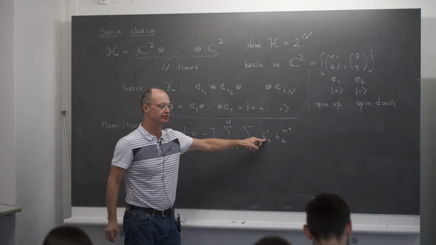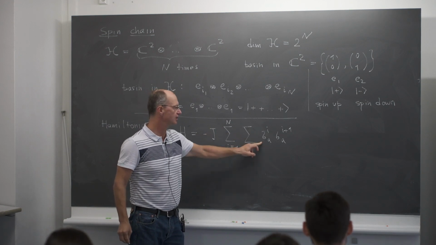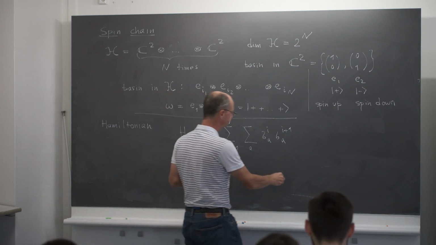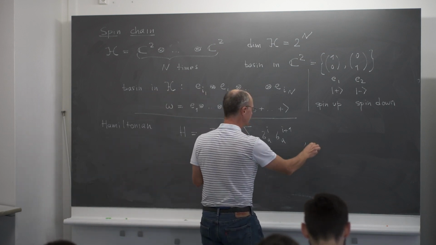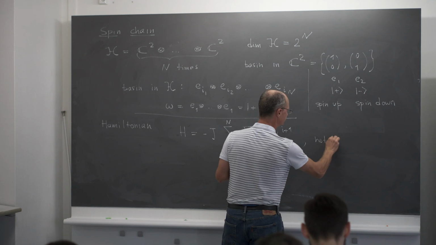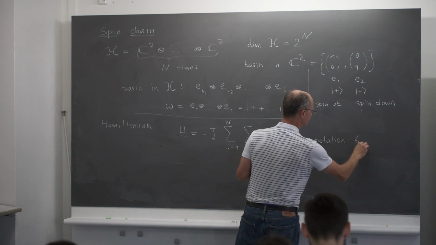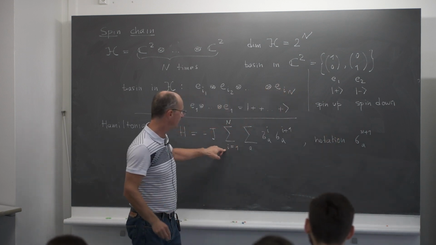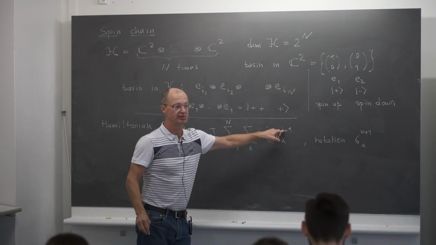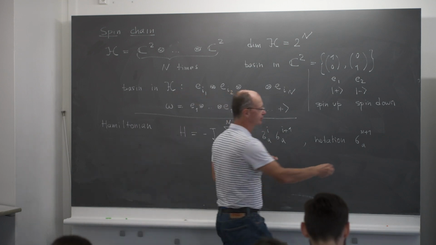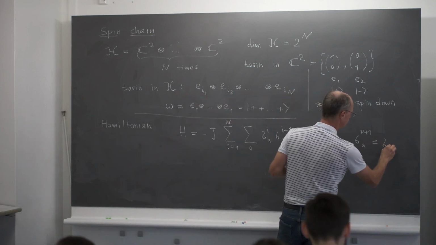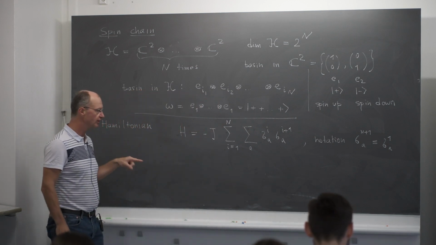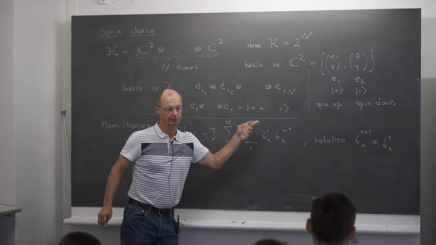These are sigma matrices acting on the site i, and these are sigma matrices acting on the site i plus 1. And the notation here is that sigma a n plus 1, because when i is equal to n, here appears sigma a n plus 1, which does not exist, is by definition the sigma matrix for the first site. So you think of this notation now periodically.